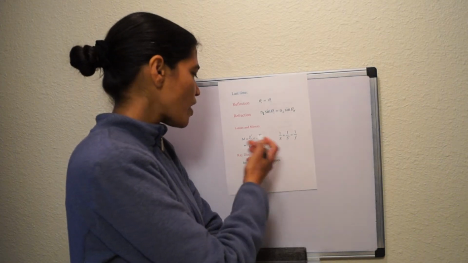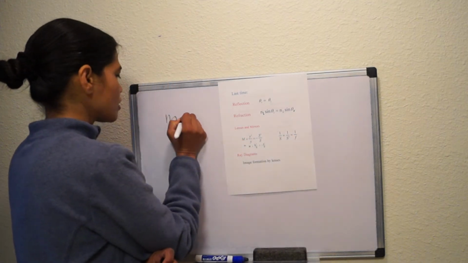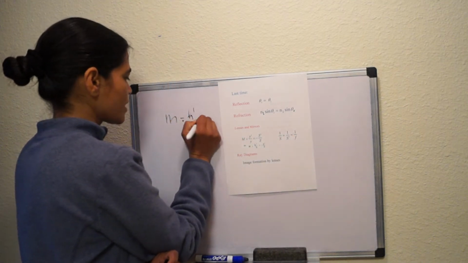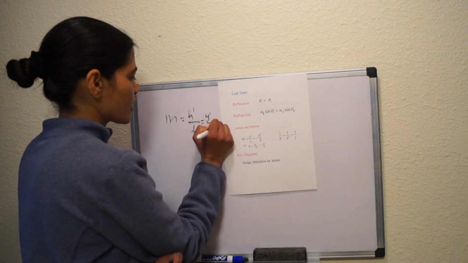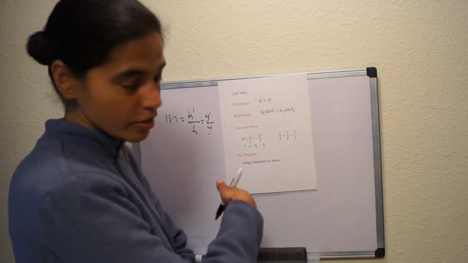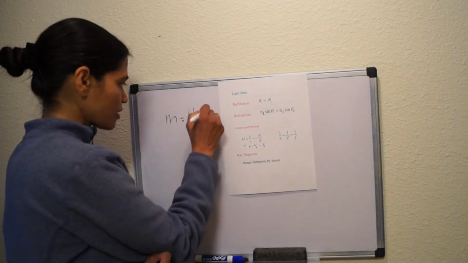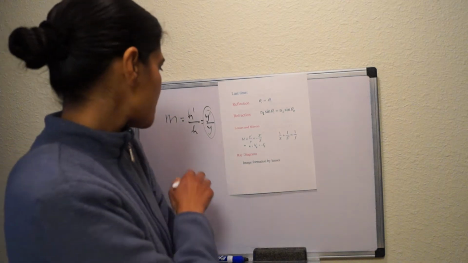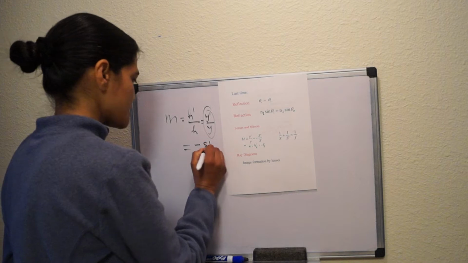Last time we wrote m equal to s dash by h, okay? Here I just have it written as y dash by y, and I didn't want to change it in my Word document. So same thing, they are the same, and that is equal to minus s dash by s, okay?